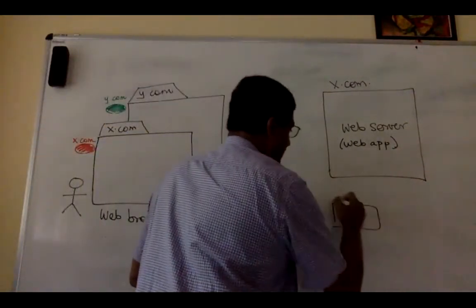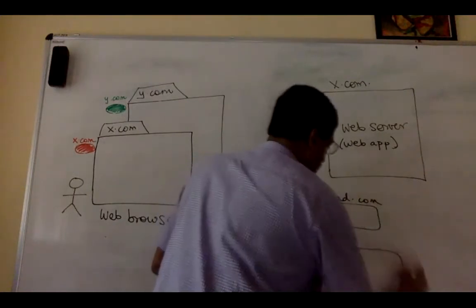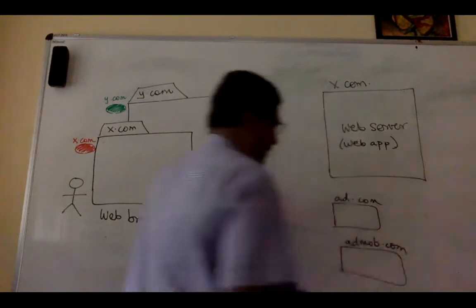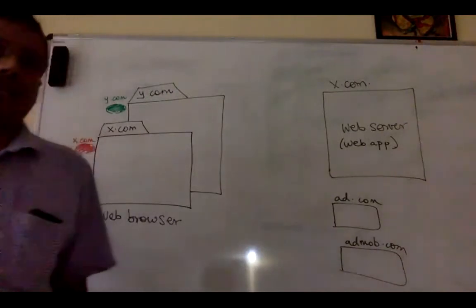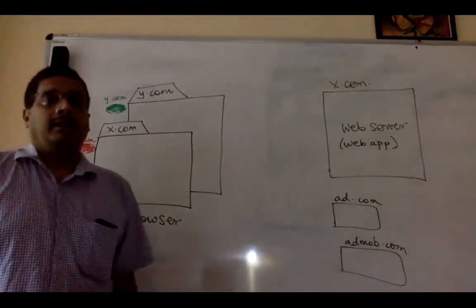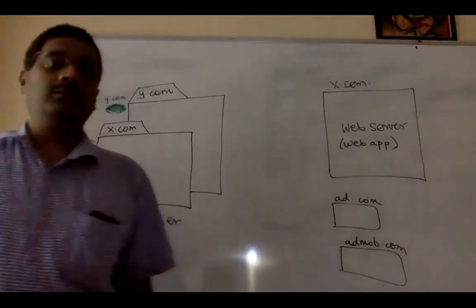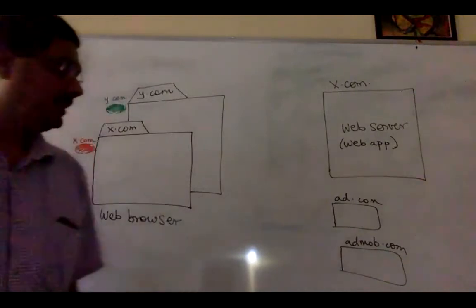So there are many advertising websites such as ad.com, and there is another one called admob.com, and there are tons of these advertising companies that participate actively in an auction to decide who is going to serve you ads.